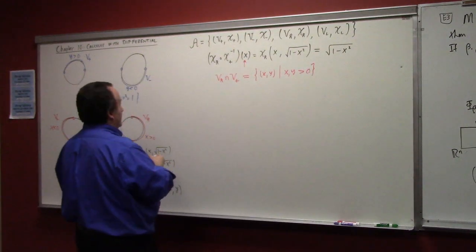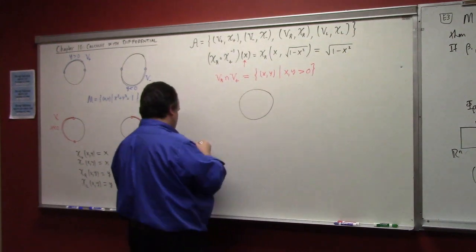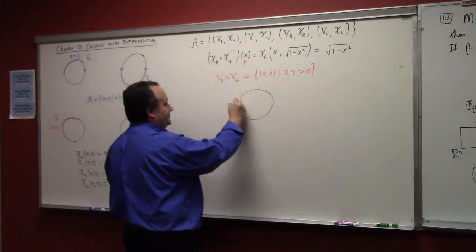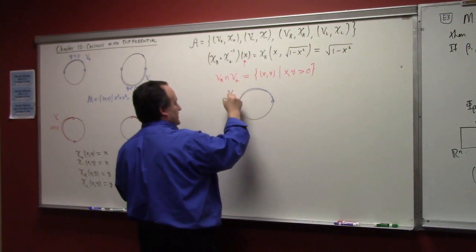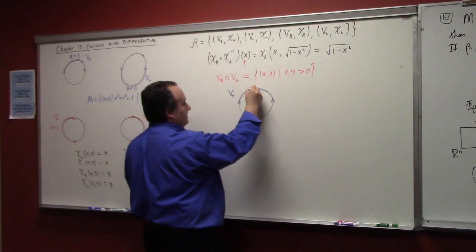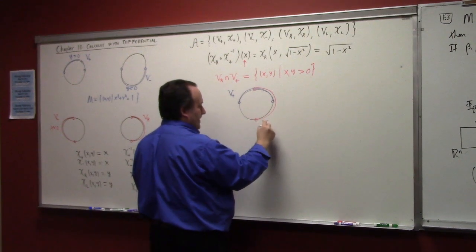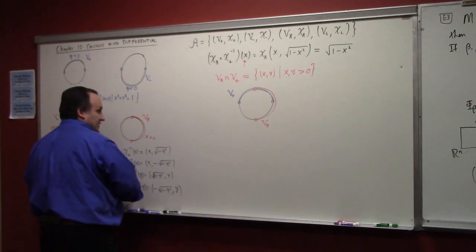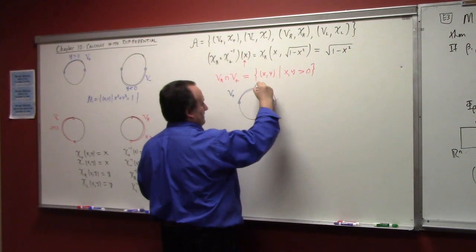So let me just draw a picture again. Here's our circle, right? And here's my V plus, here's my VR. The intersection is this quarter circle here, right?